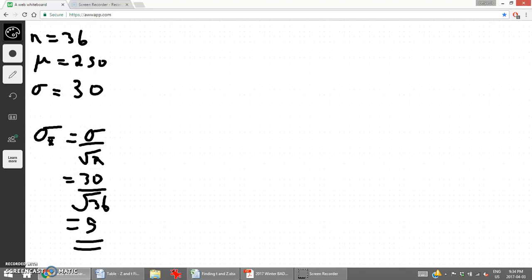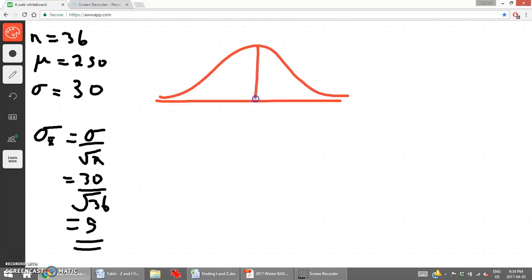Part B is asking for the interval, the upper level and the lower level, that would contain 97.36% of all sample means. This population has an average of 250.